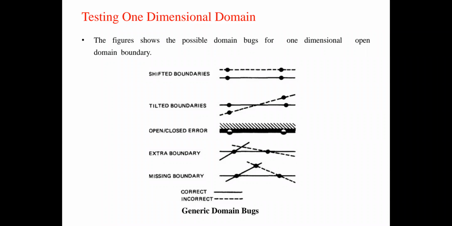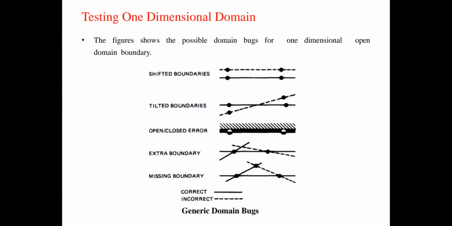These are different representations of a one-dimensional domain. These are the different domain bugs that will arise when you are performing domain testing on a one-dimensional domain.